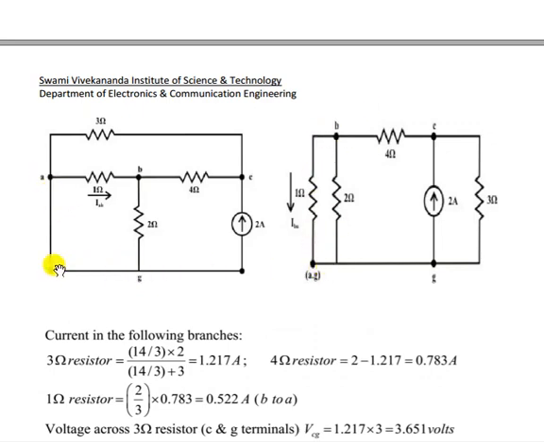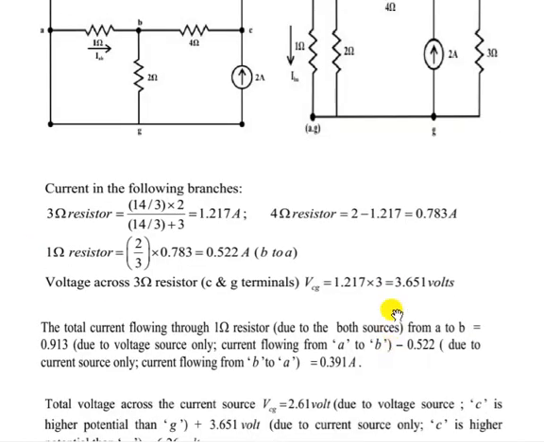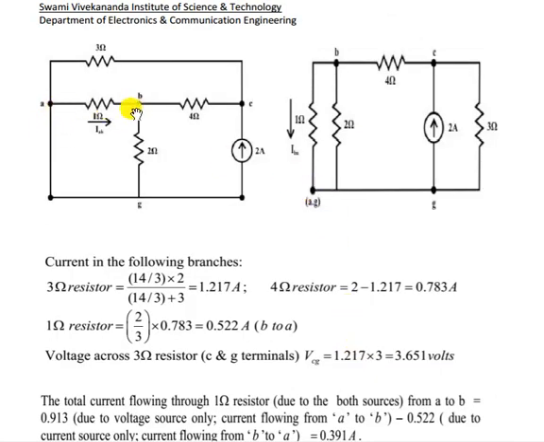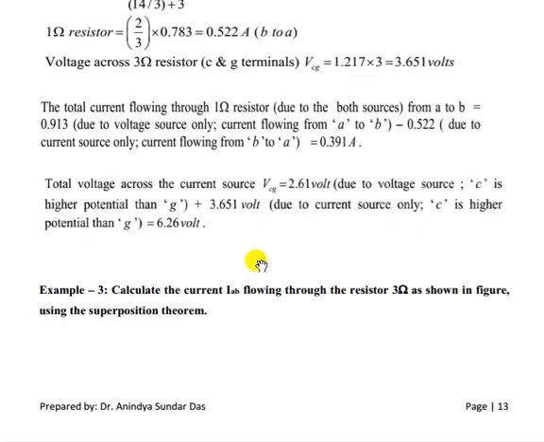Because A and G are basically shorted, so AG is shorted. So that is negative. That is why this is minus 0.522, because this current direction should be A to B, but here this current is flowing B to A. That's why it is negative. So you got the current value, and the voltage value also you can add up and get the result.